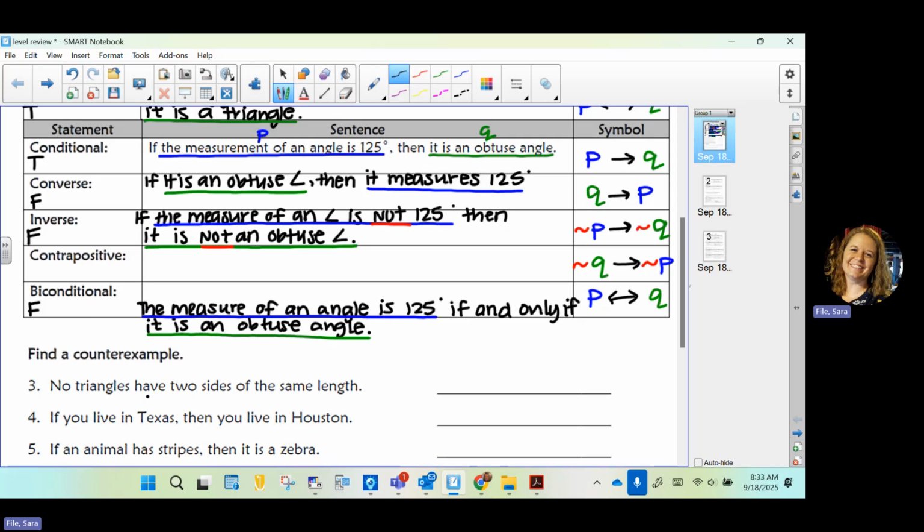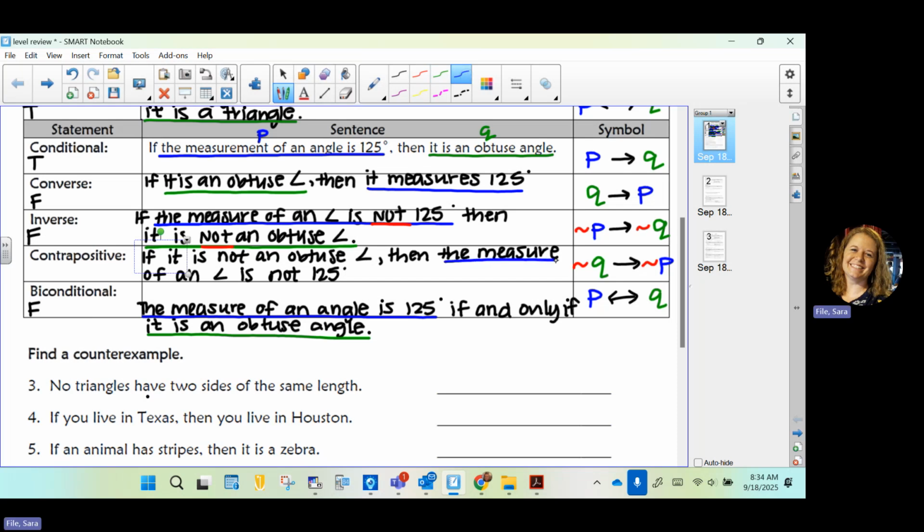Now the contrapositive switches the order and negates. So it's going to say if it is not an obtuse angle, then the measure of an angle is not 125 degrees.